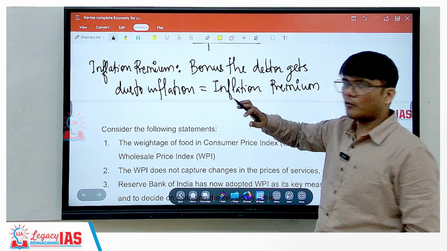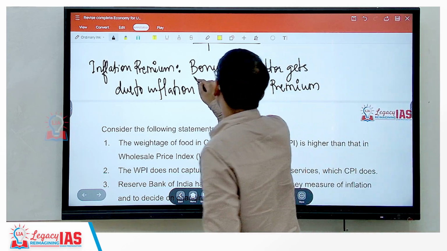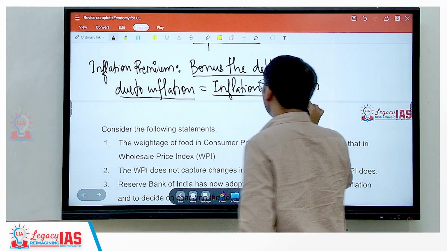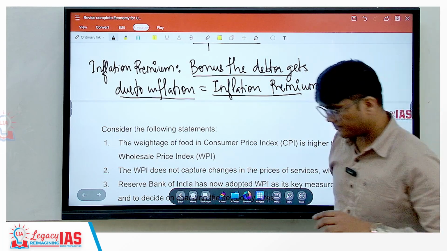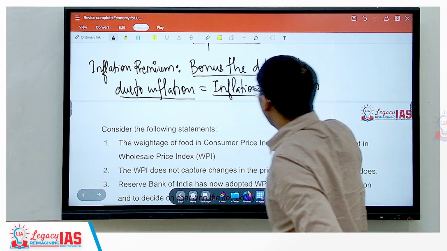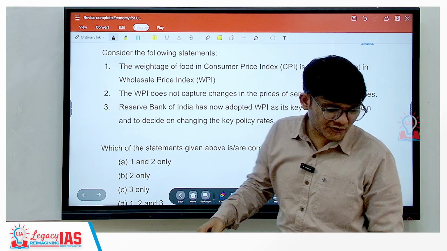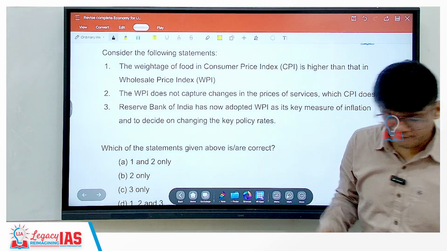Yeah, so that's what it is. The bonus the debtor gets due to inflation is nothing but the inflation premium. Alright, so now having understood these concepts, let us look at the questions that have been asked on inflation.